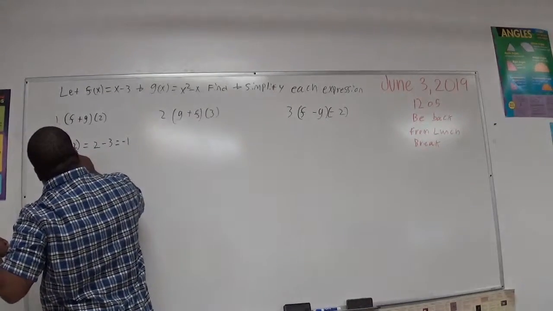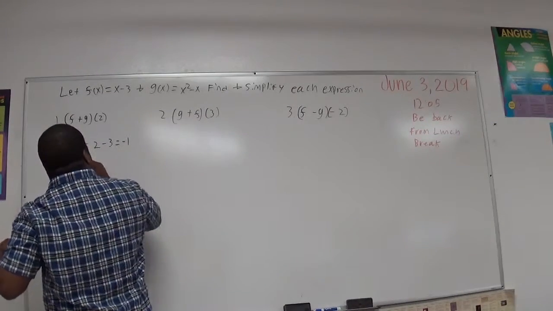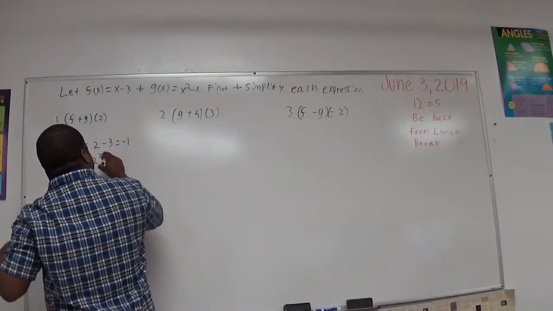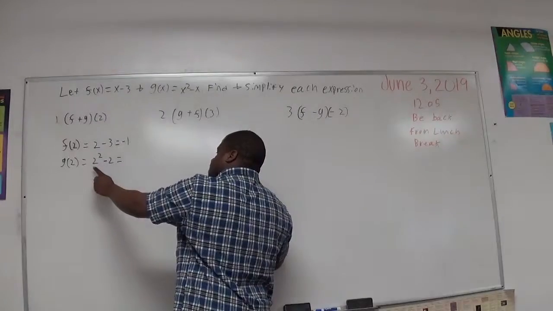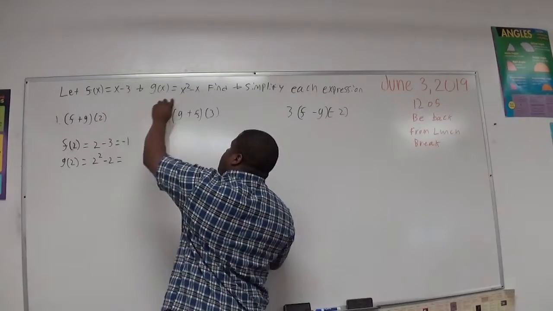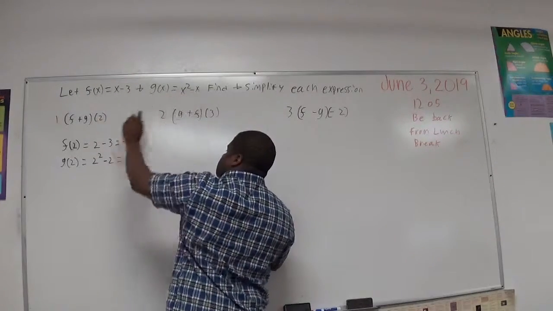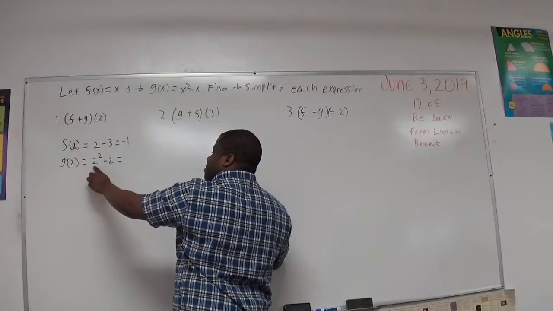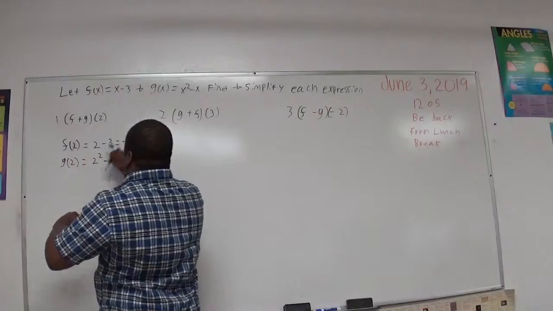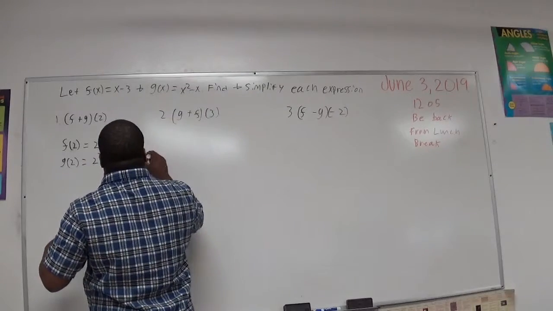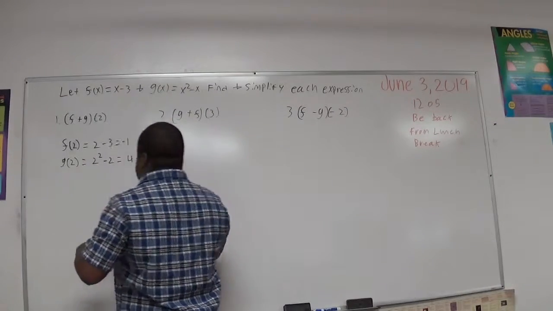I'm going to have g of 2 and have that equal 2 squared minus 2. Now, I still need to evaluate, so just keep in mind, every time I put an x, I plug in a 2. So here I'm going to have 2 squared minus 2. So 2 squared is 4 minus 2, which equals 2.